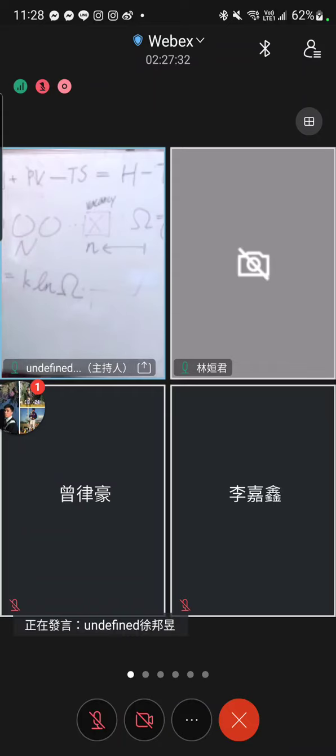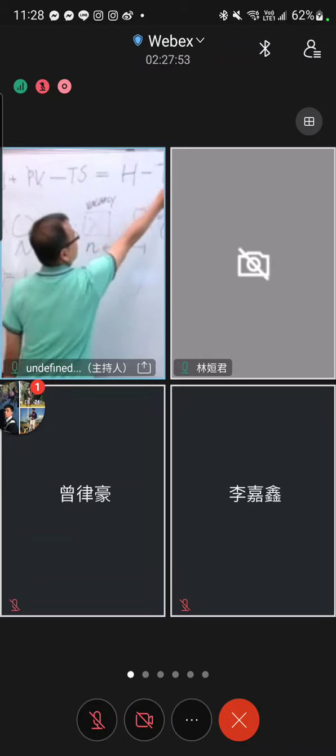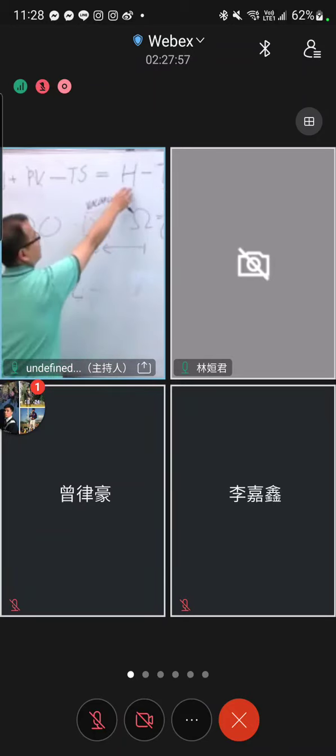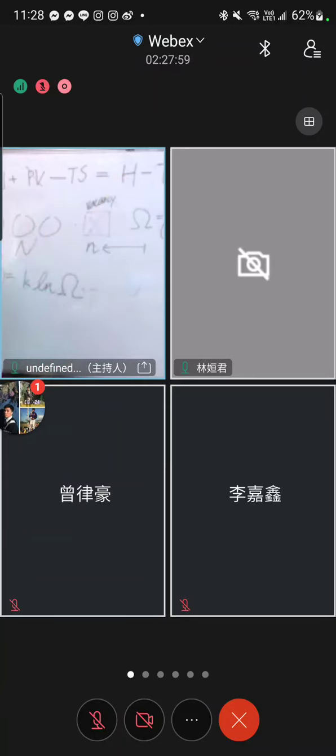So entropy multiplied by temperature gives you energy. And so the combination number becomes energy. And that's thermodynamics, one of the most important concepts. So after that, we put this into the free energy. And we know the binding doesn't change, so we don't need to take care of that for now.